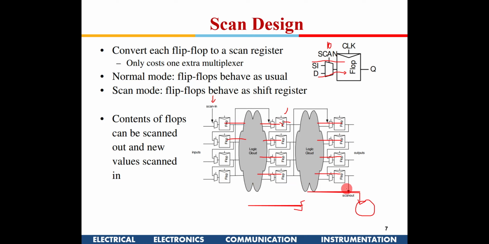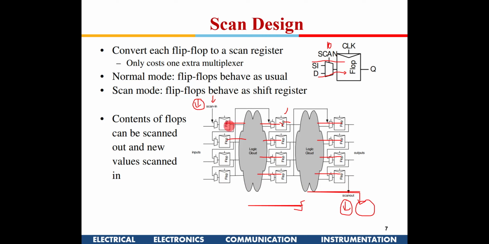For that, I send a test pattern in here and read a test pattern out here. If I am able to read what I send, then can I say, in the scan mode, that all these flip-flops are okay?